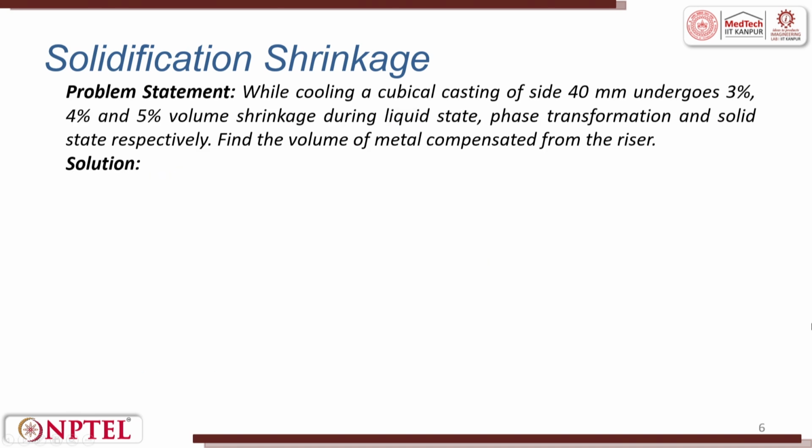Let me now walk you through a problem statement so that we understand solidification shrinkage and see how it lies in the cooling curves as well. The problem says: while cooling a cubical casting of size 40 millimeter, it undergoes 3%, 4% and 5% volume shrinkage during the liquid state, phase transformation and solid state respectively.